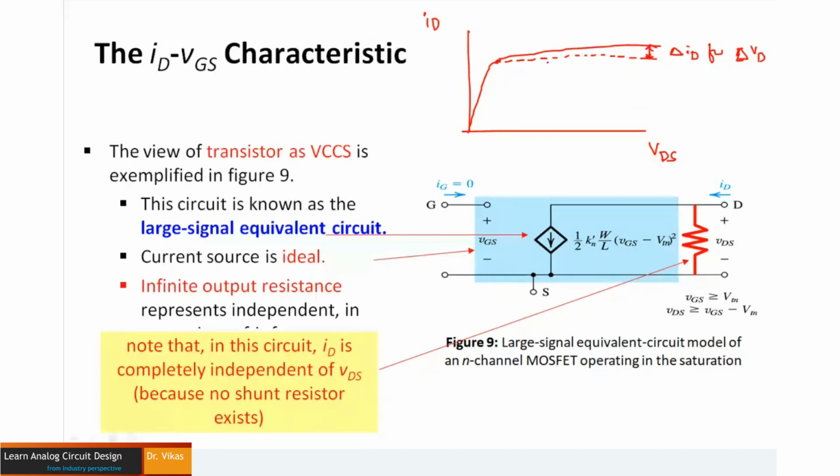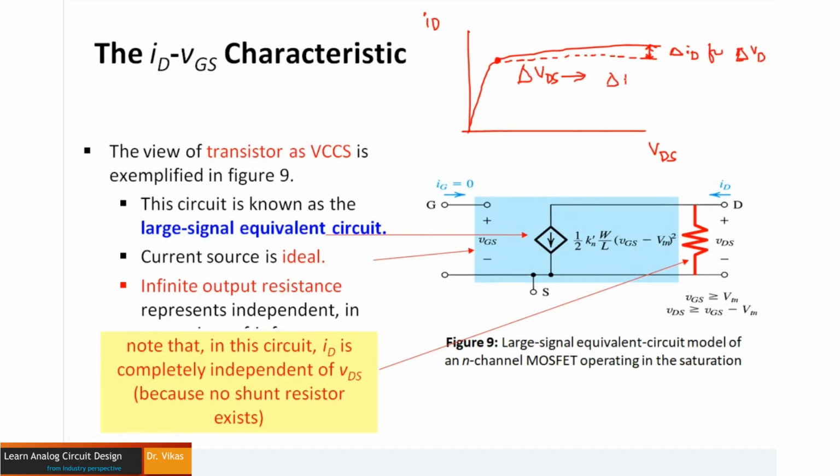Basically, this is a small incremental delta VDS as you keep on increasing beyond a particular value of saturation. For every small increase in the VDS, there is a small rise in the current.